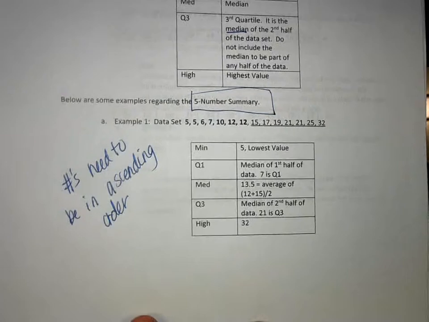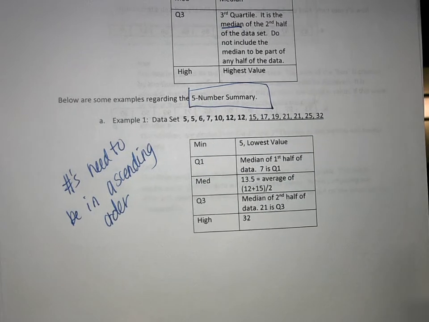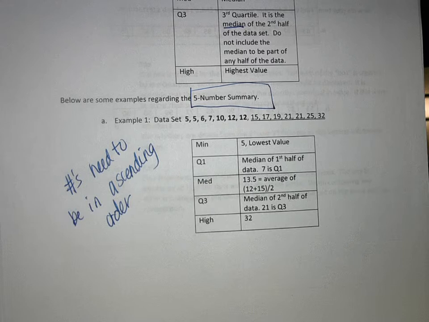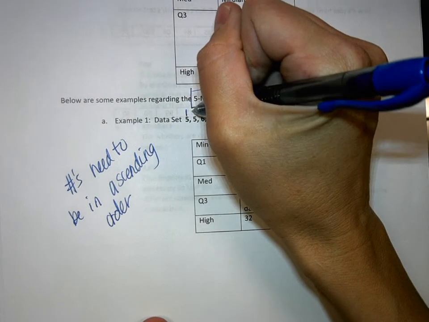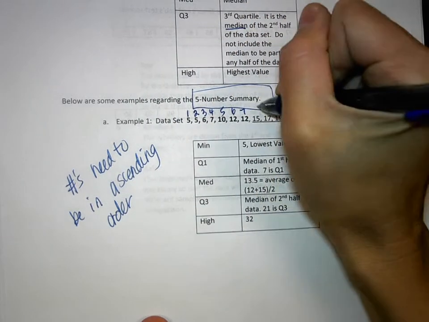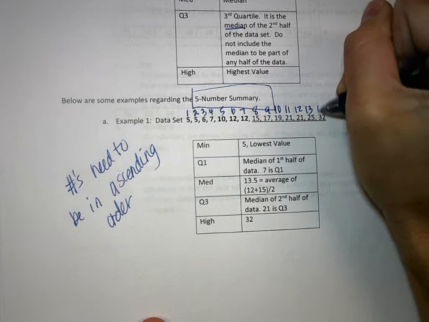Smallest to greatest. In this set of data, they've already figured out everything for you. One thing I would suggest once you have all of your numbers written out is to label them, like list them. So I'm going to count through 1, 2, 3, 4, 5, 6, 7, 8, 9, 10, 11, 12, 13, 14.